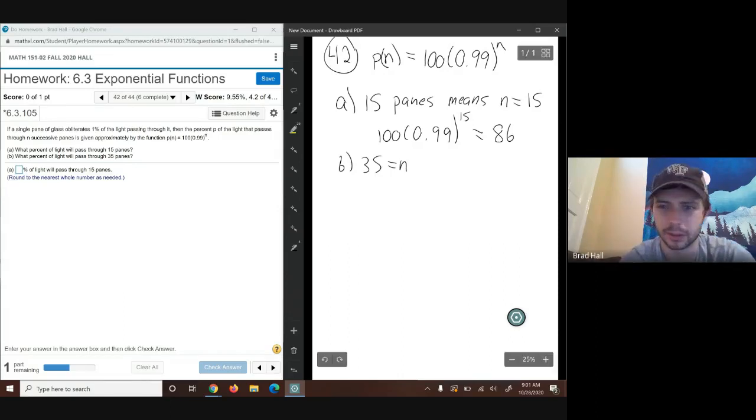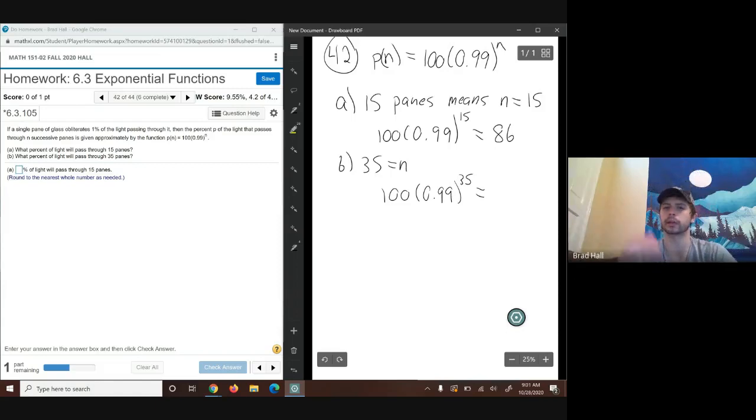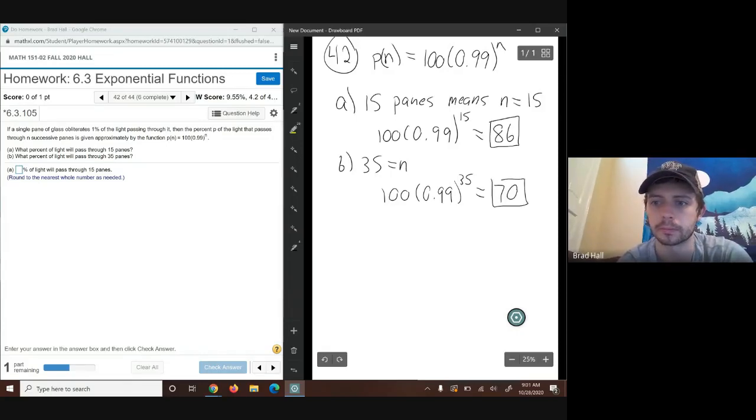And that's it. So this problem is really easy, actually, as long as you can plug all of this in the calculator. And again, round to the nearest whole number, that's just 70. So that's part A and that's part B.